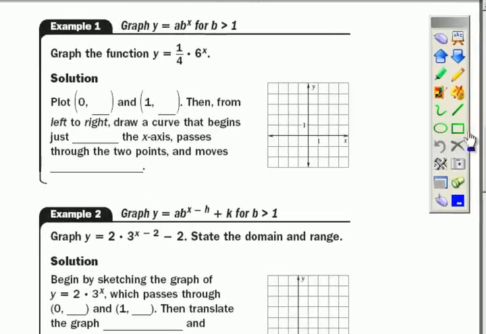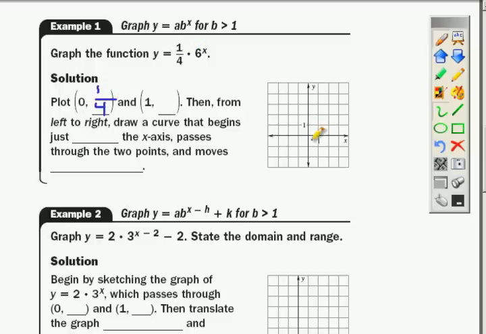So what does that all mean? Let's take a look at example 1 and see if we can put some more sense to it. y equals 1/4 times 6 to the x. Well, to graph this, a few basic things you could do if you're doing this by hand would be to just plug 0 in there for x. 6 to the 0 is 1. 1 times 1/4 is 1/4.